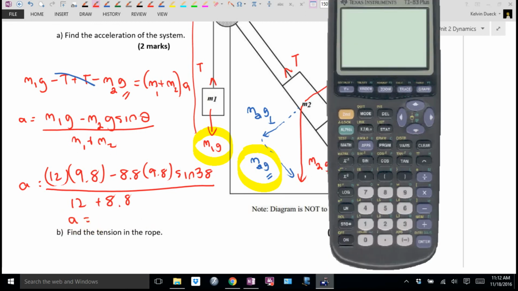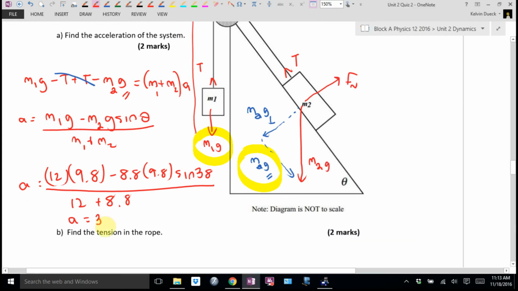Is that right so far, I hope? That looks right. Do you get 3.1? Yeah? If you got that, 2 out of 2. Otherwise, I would give you a half mark for this equation, a half mark for this equation, a half mark for the numbers, and a half mark for the answer.